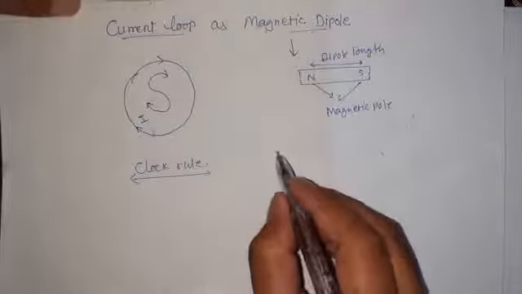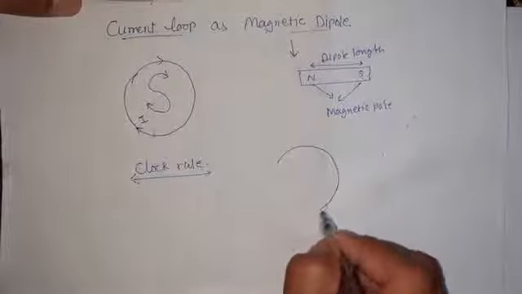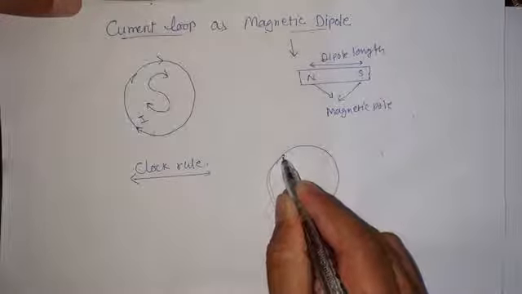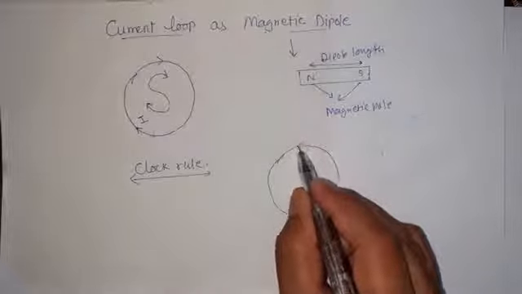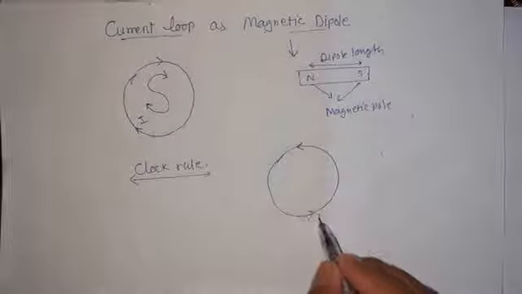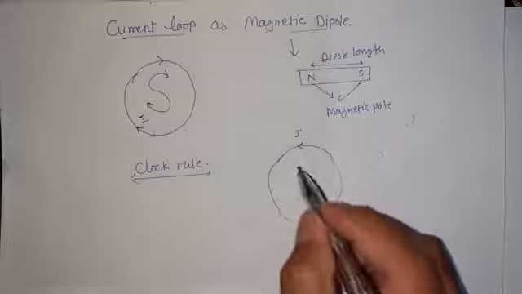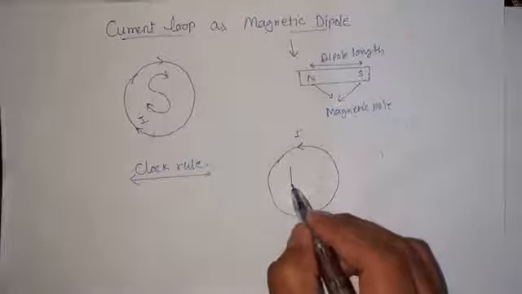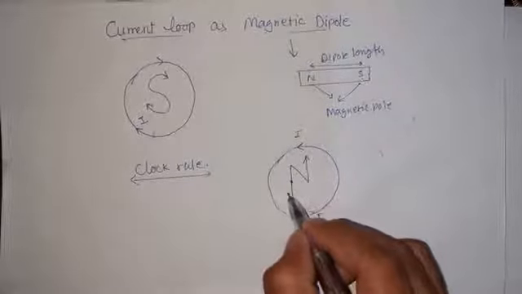And second, the clock rule says that if the current is in anti-clockwise direction, that face will behave as the north pole.